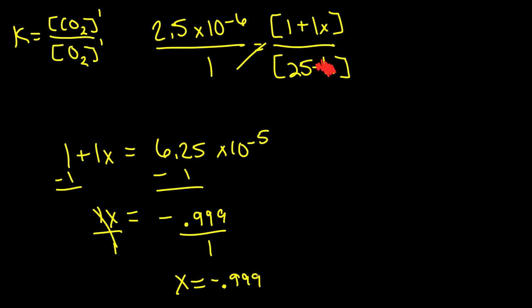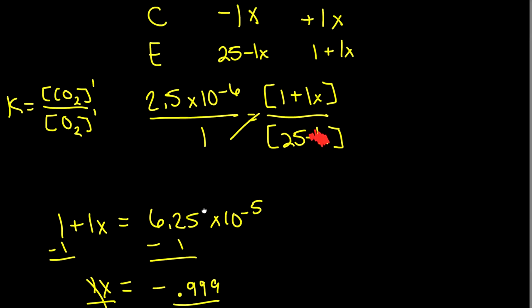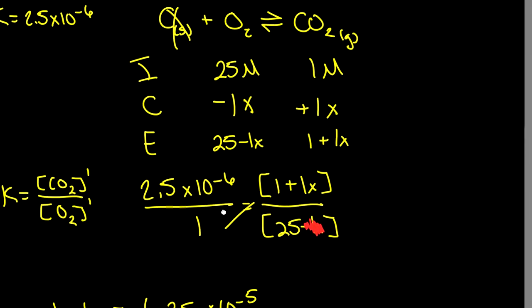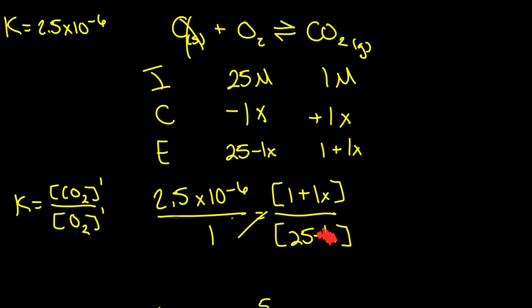Now we got x, we can go back up to the top and plug into our equation at equilibrium. Now this is the first time we've had to deal with a negative, but that doesn't really change anything. What's going to happen is since we already have some product initially, the negative is going to cause it to lose molarity and shift towards making more reactant.